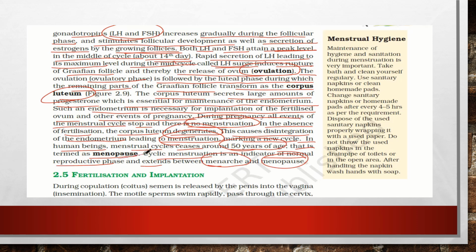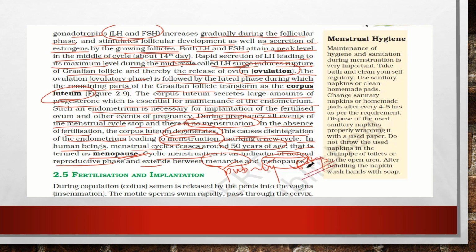In 50 years, when a person is reaching menopause, then the ovary starts shrinking and the hormone levels also start falling in their body, so there is no menstruation and the reproductive cycle has stopped. And this reproductive phase of a human female is from the menarche till the menopause. So it starts from the puberty and ends at the age of almost 50 years.